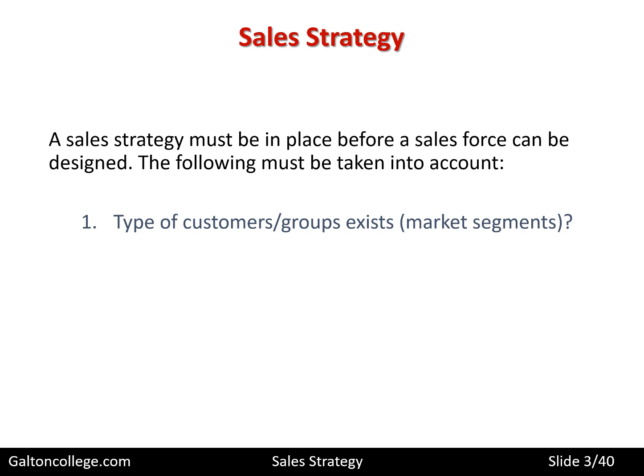First of all, there should be some idea of the type of customers and the groups that exist. In other words, the designer of the strategy must have some idea of the market segments. How many market segments apply in the context of the product or service? The segments could be based on gender or on age or on location, income groups.